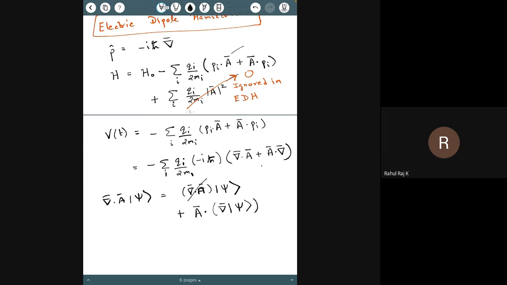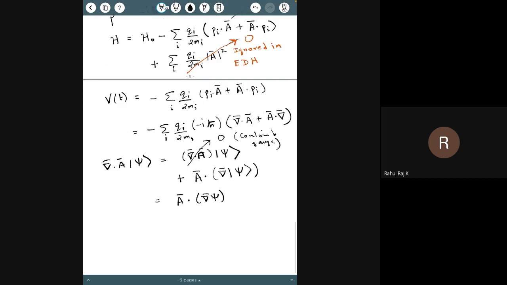Now this is again 0 by Coulomb gauge. So you end up with just A dot grad psi. Okay. So I hope that is clear.